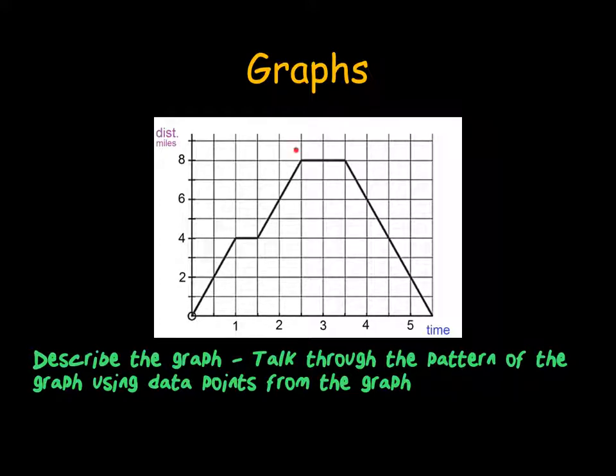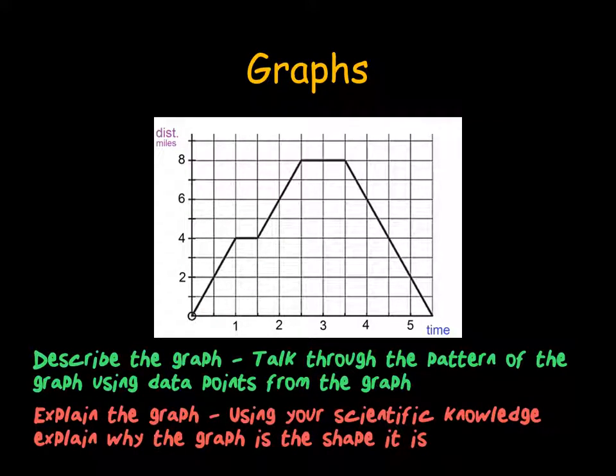We then stay stationary for 1 second before moving back to our starting point. This would be an example of a description of a graph. If the question, however, asks you to explain it, then you need to talk about why this is happening. So, for example, in this first section of the graph, we could talk about why the speed is increasing.